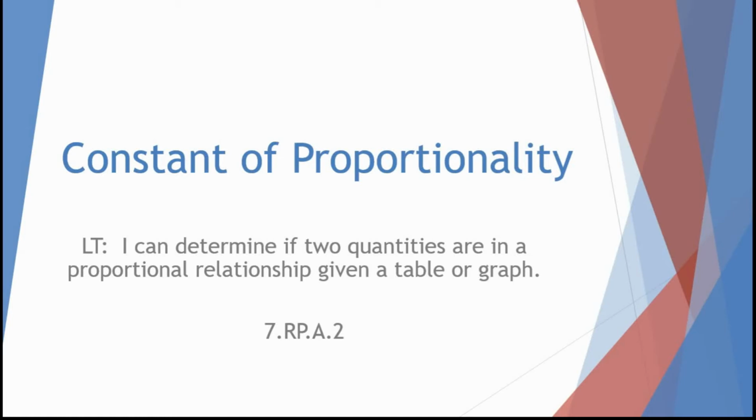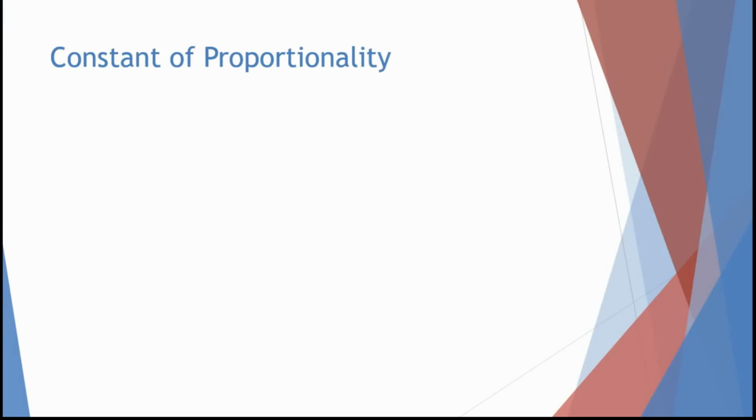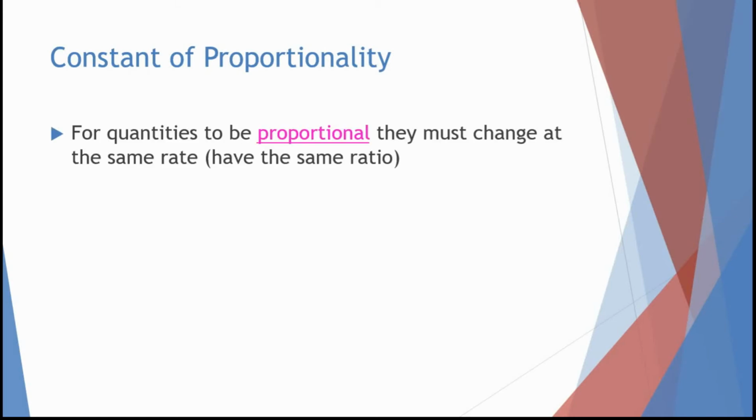Then, based on whether or not they're in a proportional relationship, we want to start writing an equation. So we're focusing on tables and graphs. But first of all, I want us to talk about constant of proportionality for a second. We know if something is constant, that means it does not change. So it's going to be the same throughout. And proportional means that two quantities are changing at the same rate.